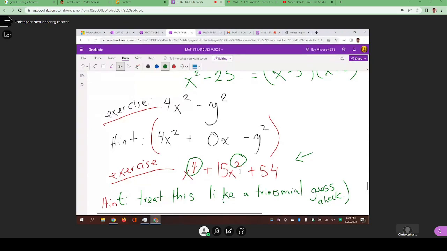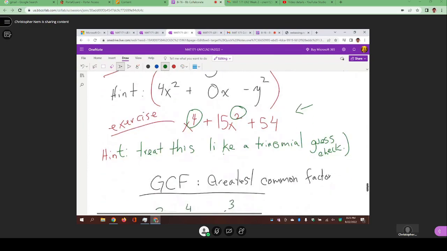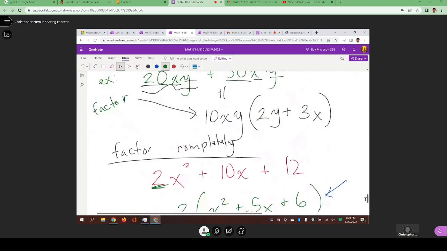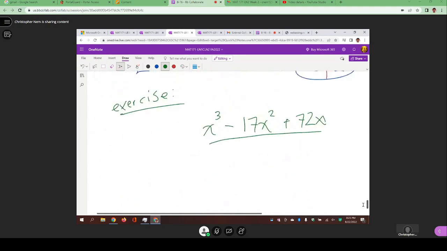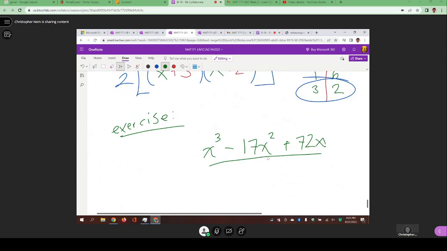The only constant factor is 1. These are 15 and 54, so the only factor they have in common is 1. However, over here, in the exercise I gave you, there is a factor that is common among these 3 terms. You got to figure it out.